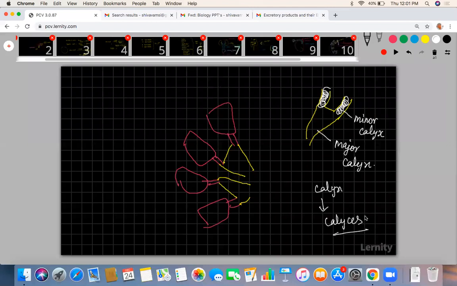Okay, this is the plural word, this is the singular word. And then what will happen? This will all join together to form the renal pelvis. And this renal pelvis will take it out to the ureter.